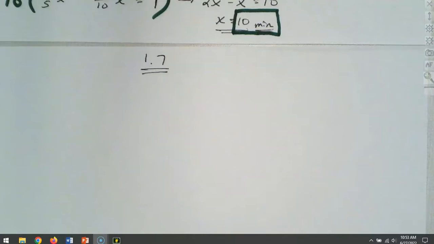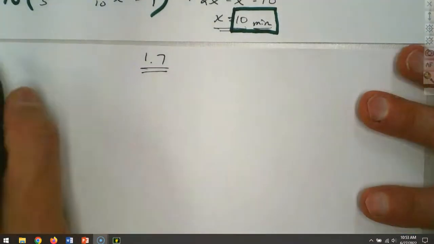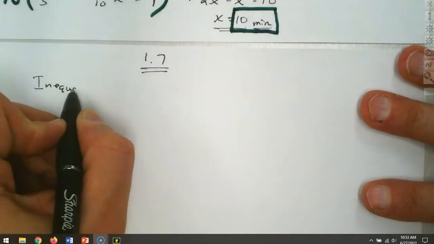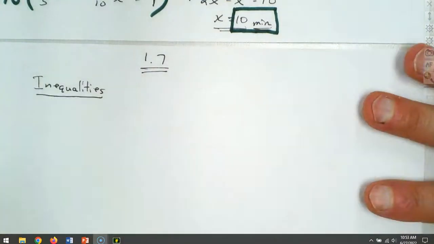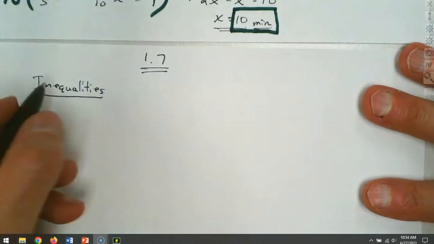And when we look at these inequalities, we're going to look at linear ones first, and we're going to have to remember how we graph them and put things on a number line. So 1-7 is inequalities. And when we talk about inequalities, we're going to be graphing them.